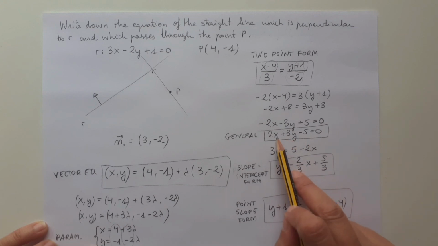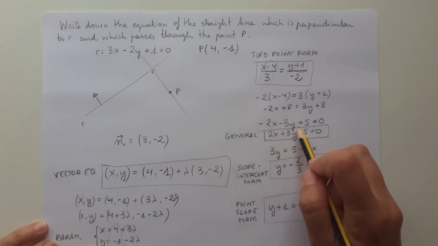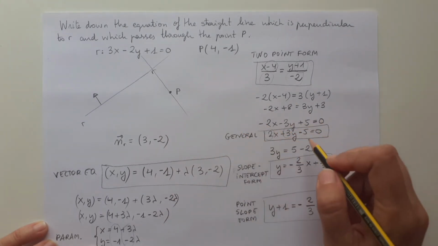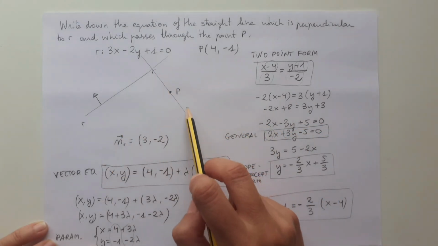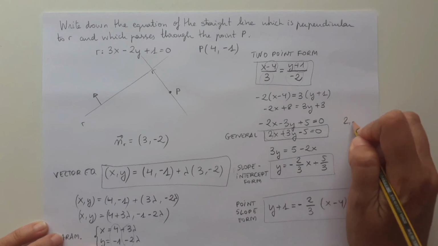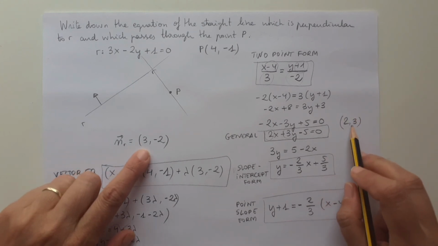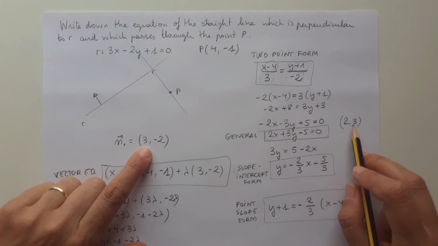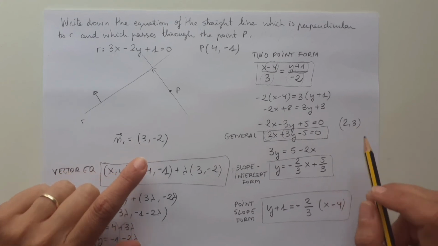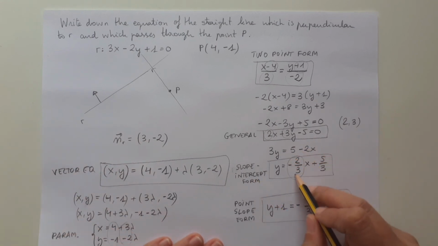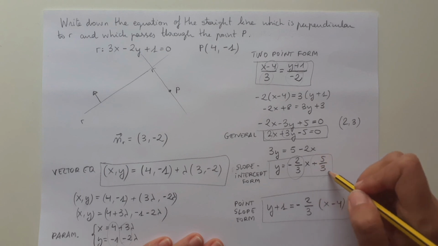In the general form, remember that these are the coordinates of a normal vector. The normal vector for my line, not for my line R, for the line I'm looking for would be (2, 3). And in fact, if I do scalar product of this vector and this vector, the result is 0. So that means that they are perpendicular. The slope intercept. Remember that this is the slope of my line and this is the y-intercept.